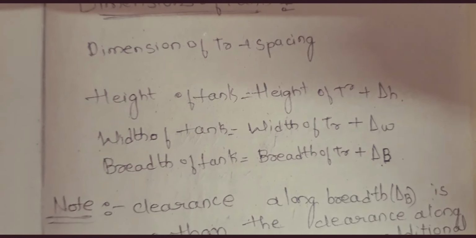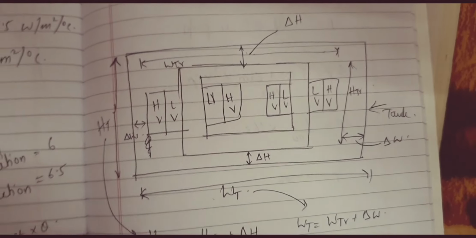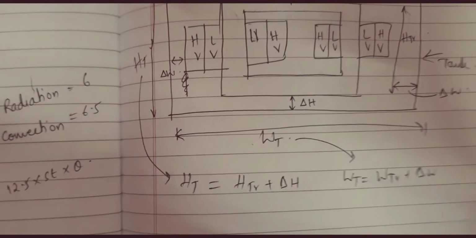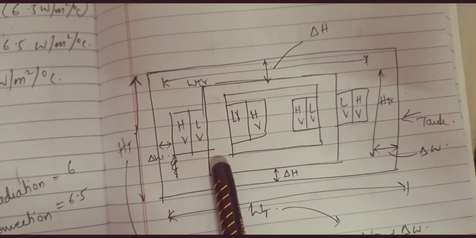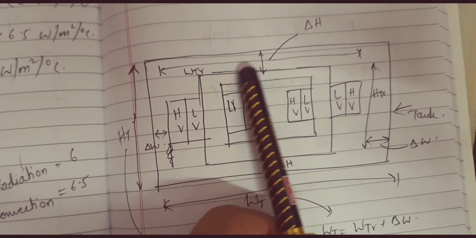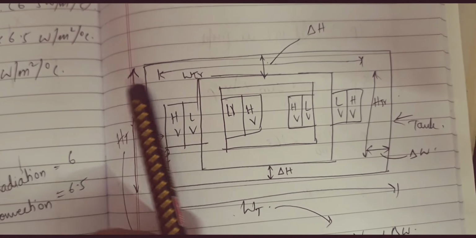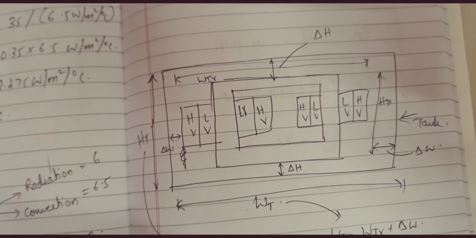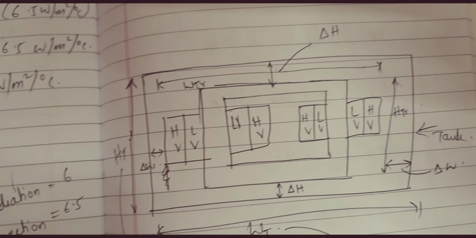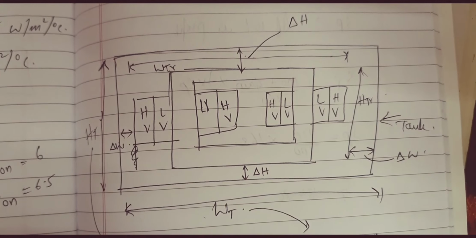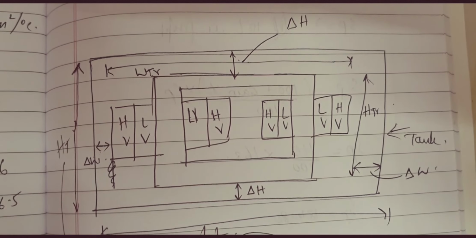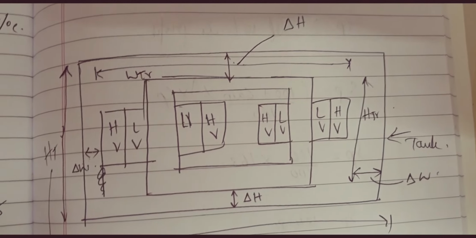Let us understand what these are. Look at this figure. You can see this is your core and winding, and now it is placed inside a transformer tank. This is your transformer tank. You can see here the total height of your transformer is HTR, and delta H I have written on the top and on the bottom.